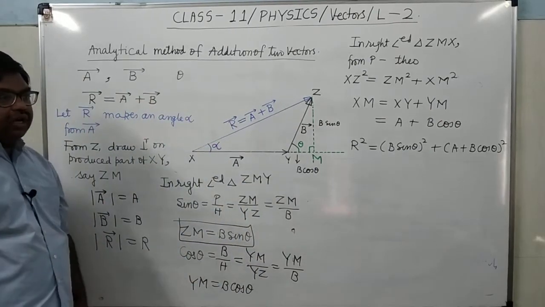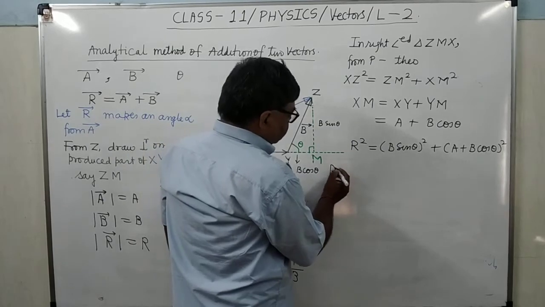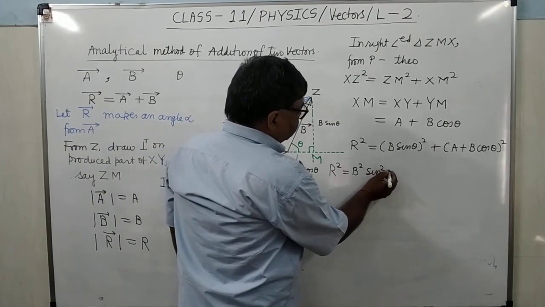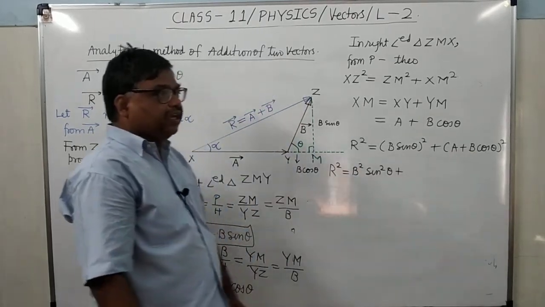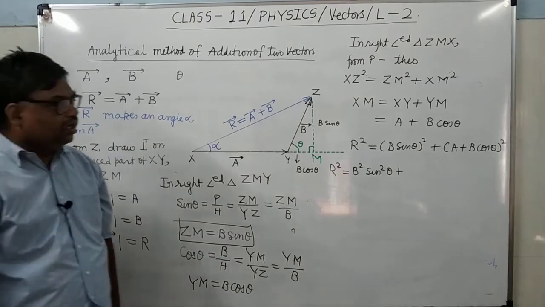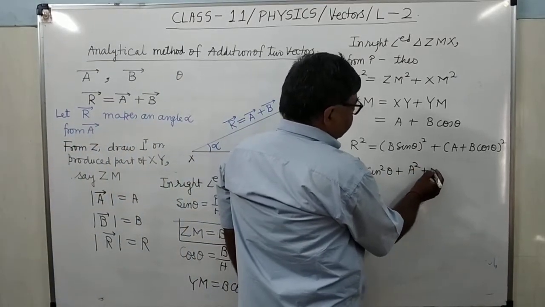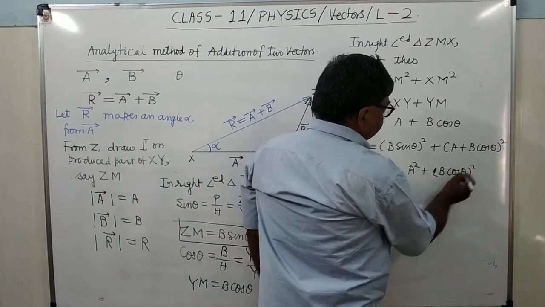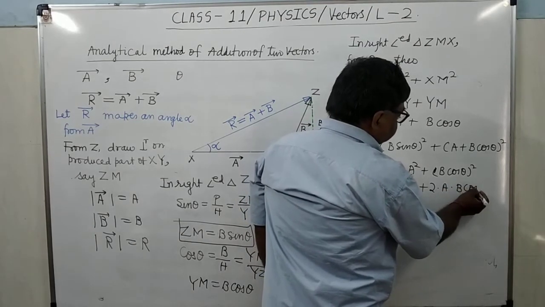Now you open the bracket. On opening the bracket, what will be? B square sin square theta. A plus B cos theta whole square opens as A square plus B cos theta whole square plus 2 into A into B cos theta.